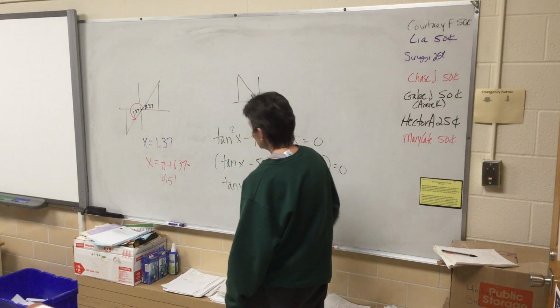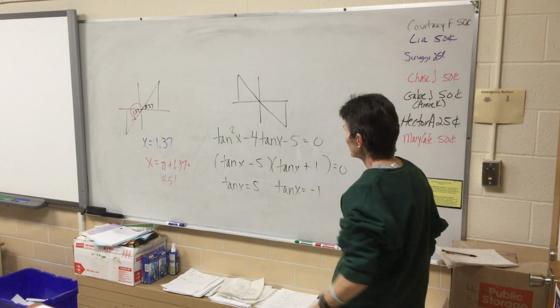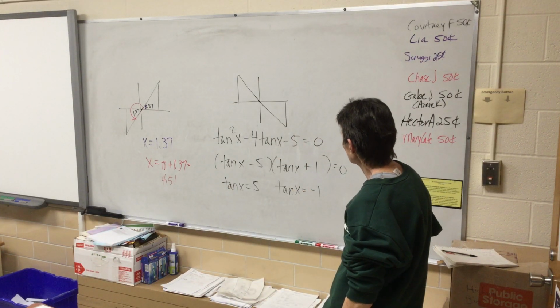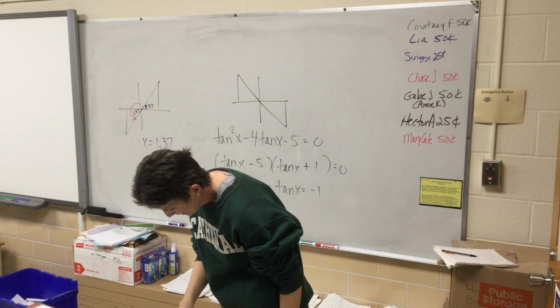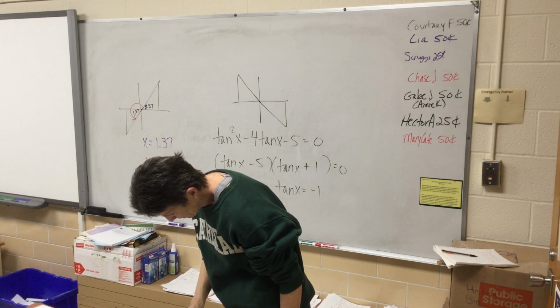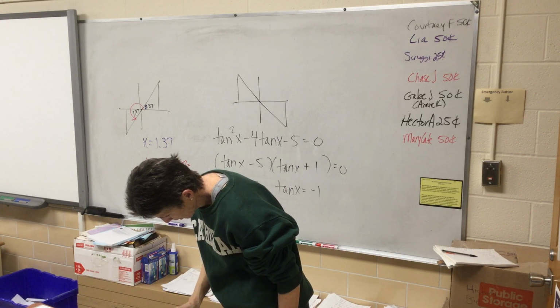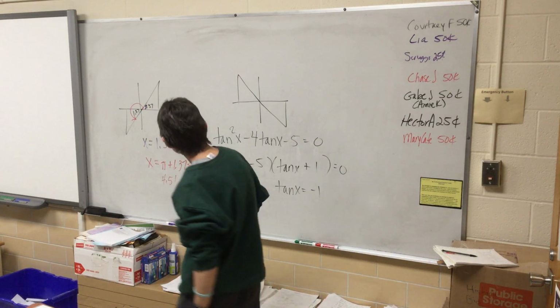Yep. Tangent is y over x. If it's negative, one of them's positive and one of them's negative. One angle has a tangent of 1. Well, that's actually one of our special ones, but if we're using a calculator, we'll say inverse tangent 1, and it's 0.79.